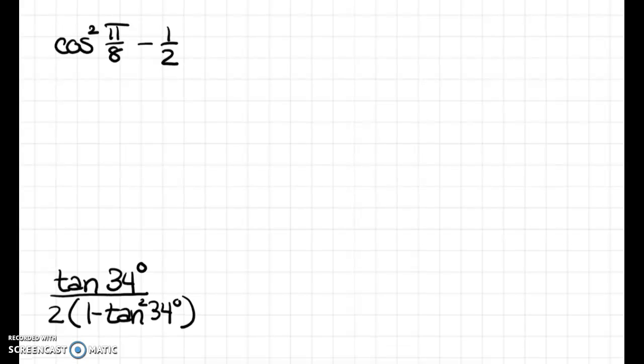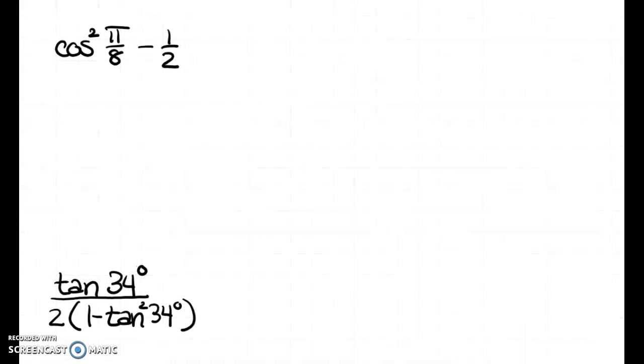Okay. So this is not quite what our formula looks like. We have a formula that says 2 cosine squared of a minus 1 equals cosine of 2a.